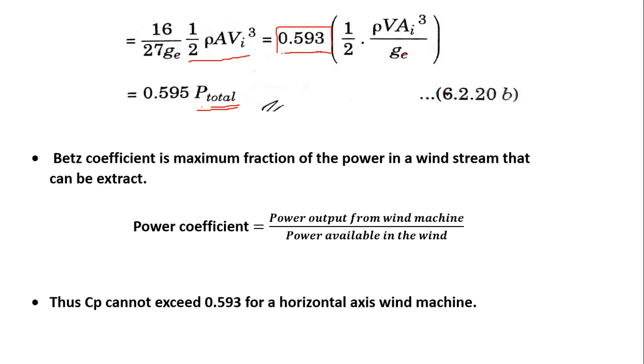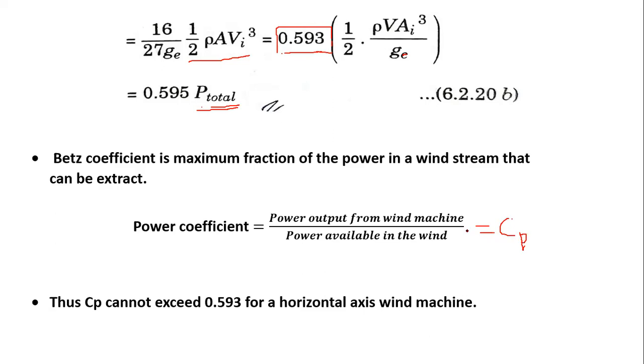The power coefficient CP is the power output from the wind machine divided by the power available in the wind. So from this we can conclude that CP is the power coefficient. We can abbreviate it as CP.